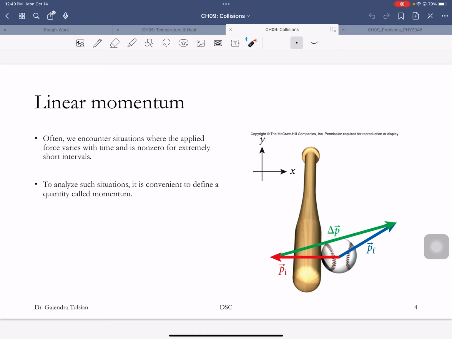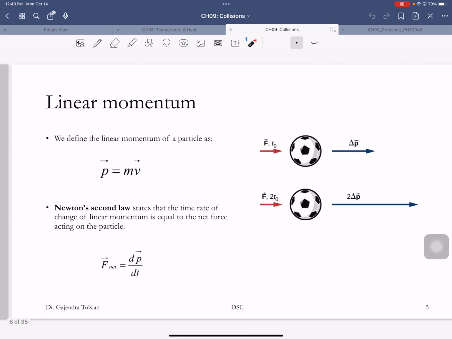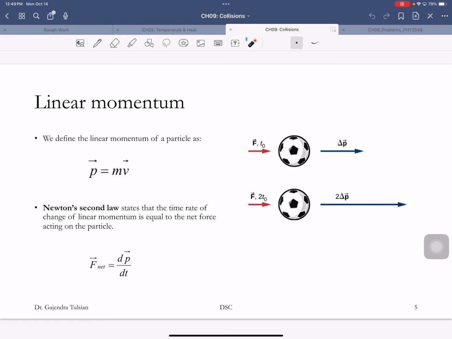This collision will last probably about 100 milliseconds. Harder the ball, shorter the time period of the collision. So linear momentum is defined as mass times velocity. And here's the correct form of Newton's second law. The net force acting on a particle is equal to the time rate of change of momentum of this particle. And this can be applied to a system as well. Net force acting on a system will equal the time rate of change of momentum of the system.